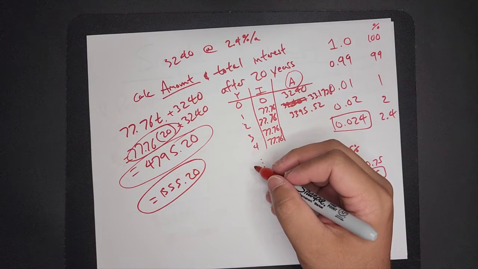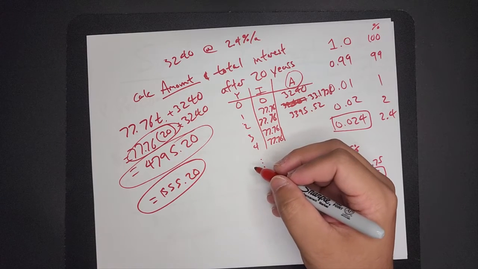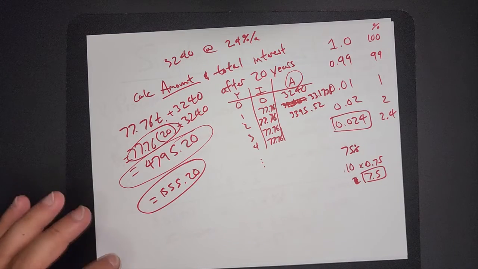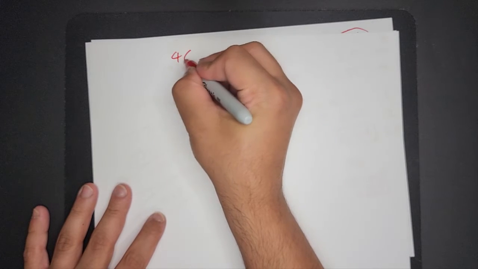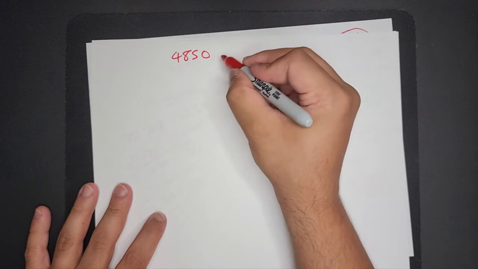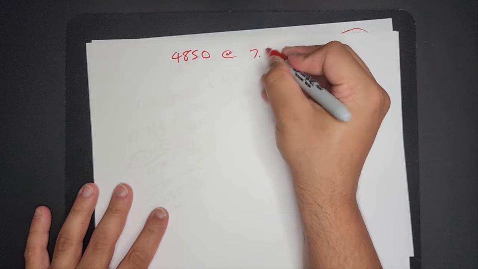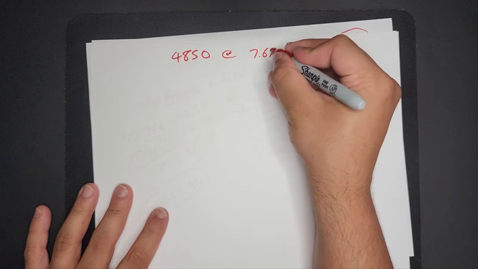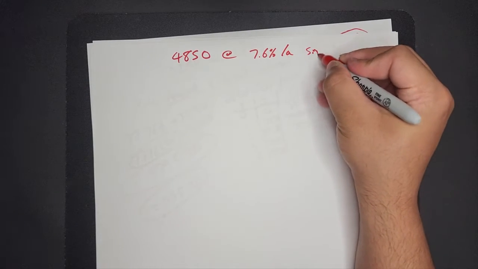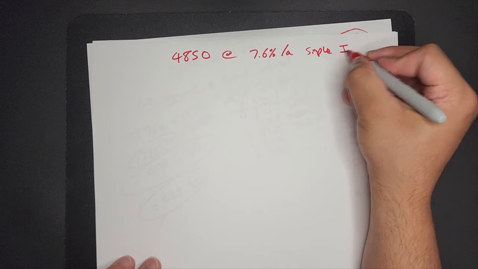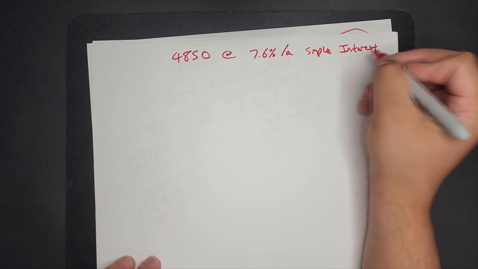Let's do another one. Another example, maybe something a bit more complex, so we can actually challenge ourselves. Let's look at someone who invests 4850 at 7.6% per annum. That's simple interest.